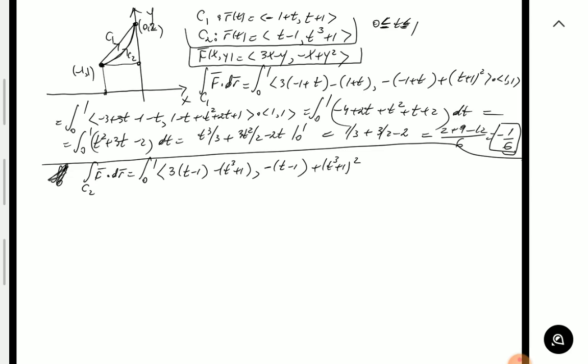And then dot r prime of t, which is, in this case for the second curve, 1, 3t squared.